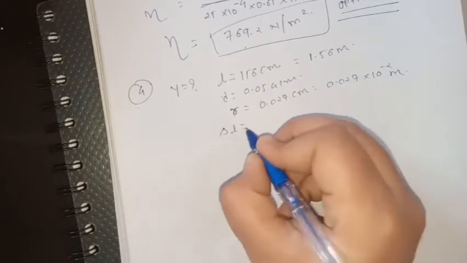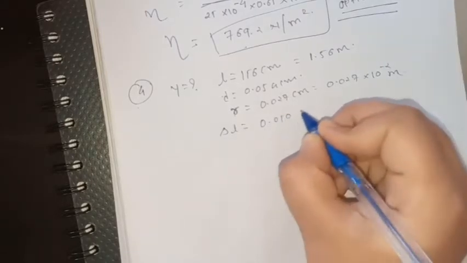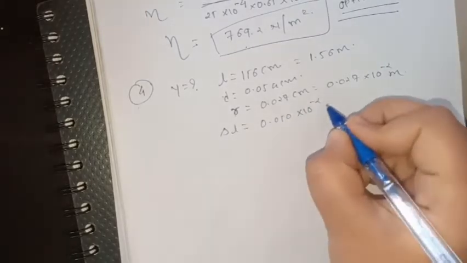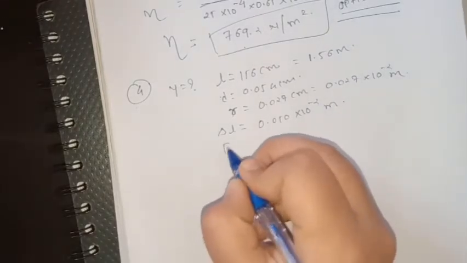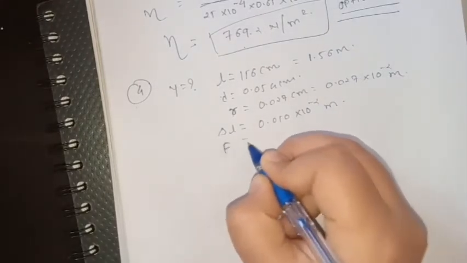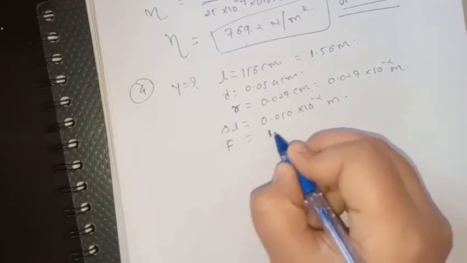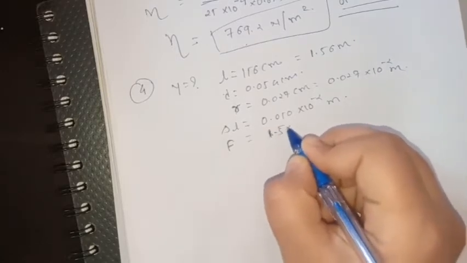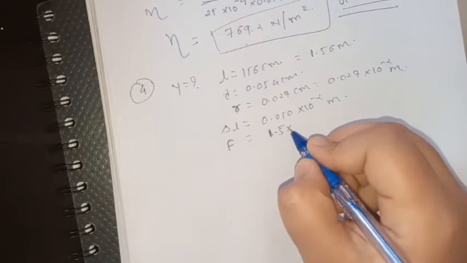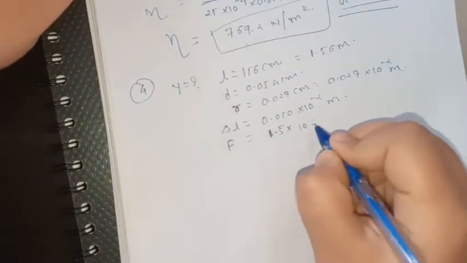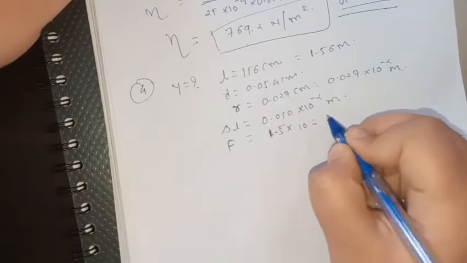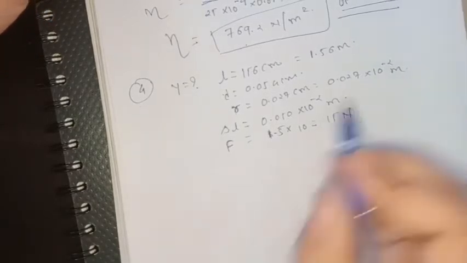Delta L is equals to 0.050 centimeter, that is 0.050 into 10 power minus 2 meter. The force applied is 1.5 kg weight, that is 1.5 into g. Let's take g is equals to 10, so that will be 1.5 into 10, so 15 Newton.